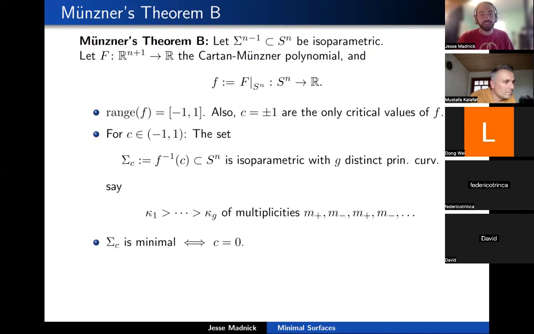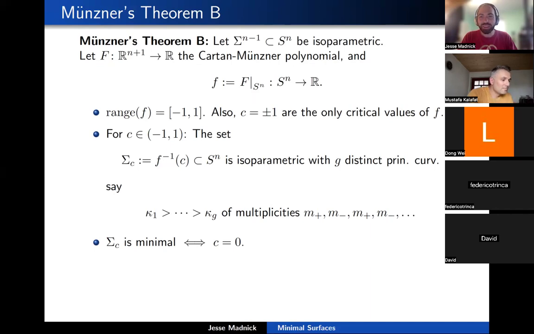In (-1, 1), it turns out that all of the level sets of f are isoparametric. So once you have one of them, they come in these parallel families, all of which are isoparametric, all of which have g distinct principal curvatures. And if you order them, let's say in descending order, then it turns out that their multiplicities alternate.